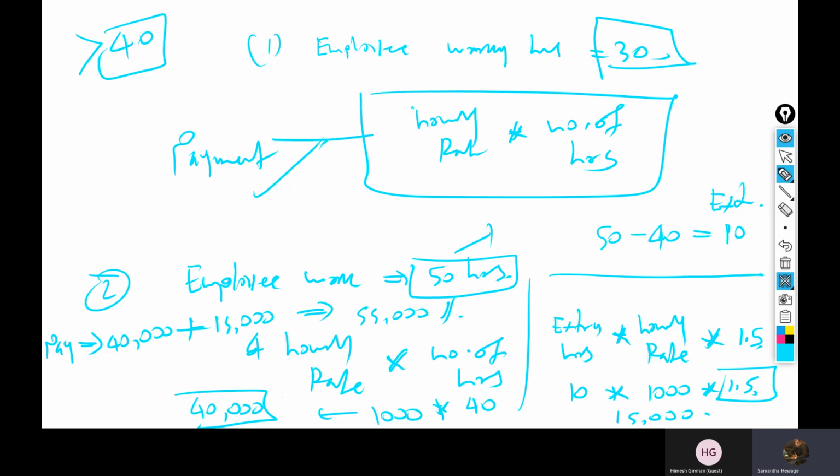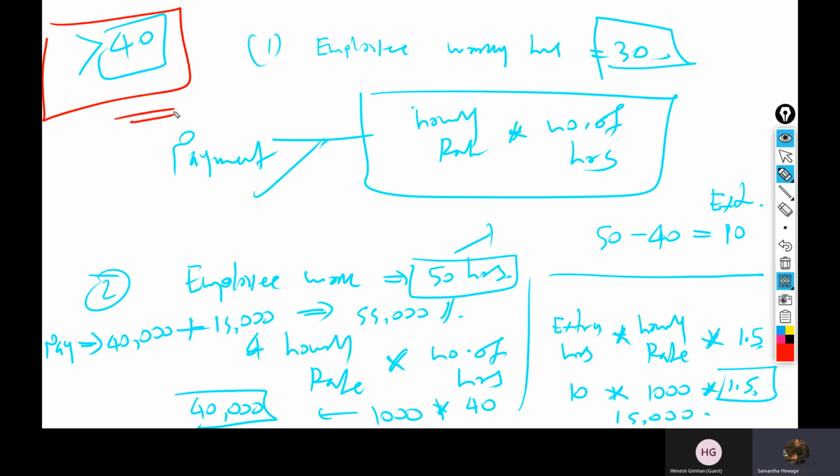So when you take 30, there is no additional hourly rate because it's below 40 or equal 40. But our condition is this: your number of working hours should be more than 40.